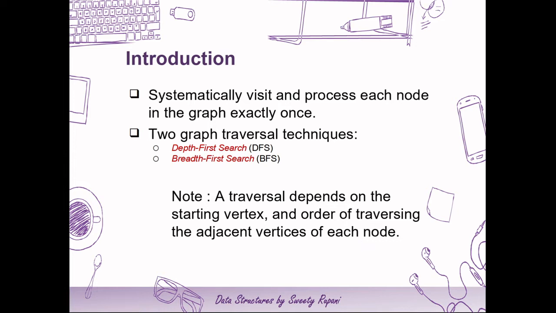Over here in the examples, we are going to assume that the first node is the source node, whether our nodes are numbered using 0 to n or using alphabets. So the first alphabet A, or the first number in a graph, would be our source vertex.